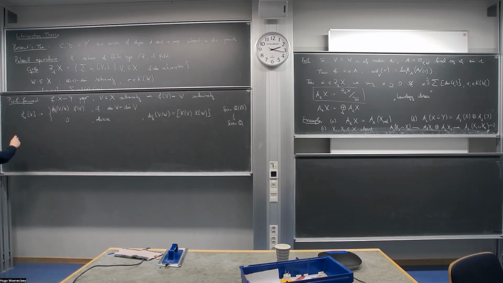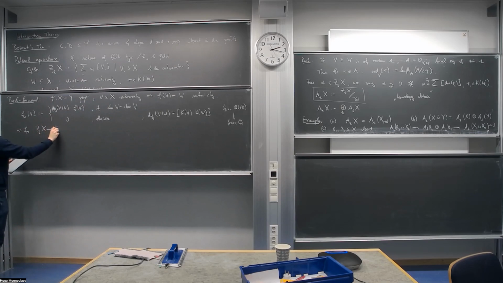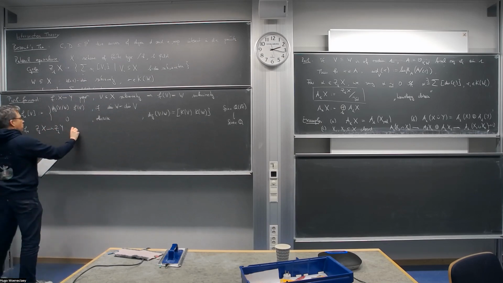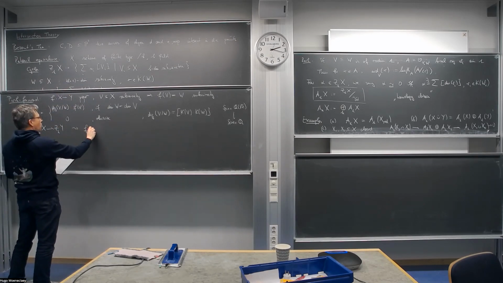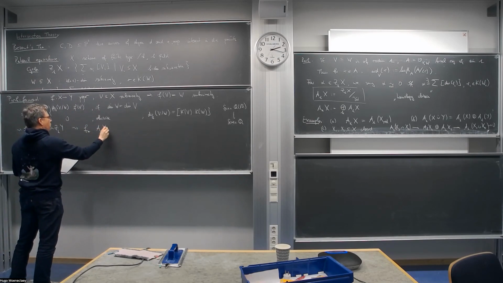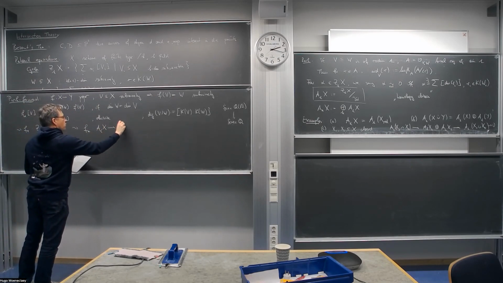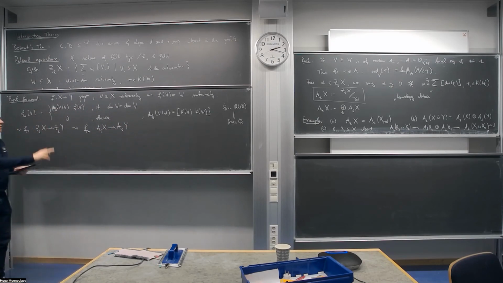Okay, so now I can push forward, and then by linear extension we get this map, and one can show that this works with rational equivalence. So we have an induced map on these Chow groups.